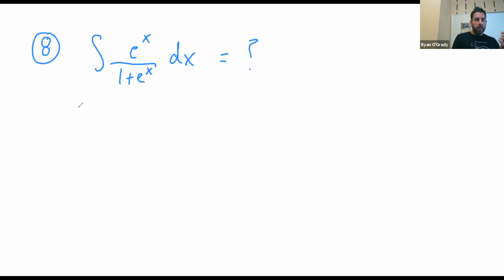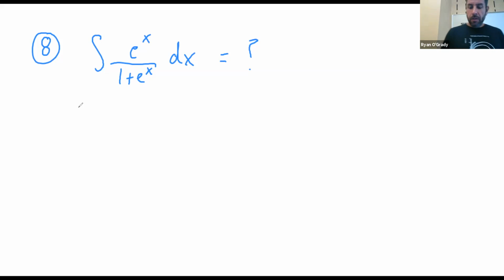So then I say, what do I do? And one of the things I recognize, just like in the previous problem, is that I have a function and its derivative in the same integral. The numerator is the exact derivative of the denominator. And that's the key observation to make.